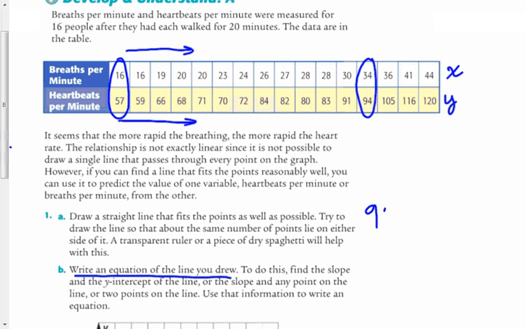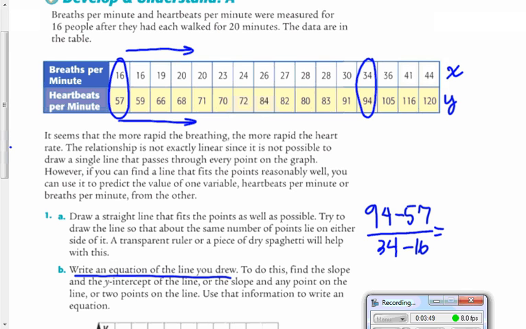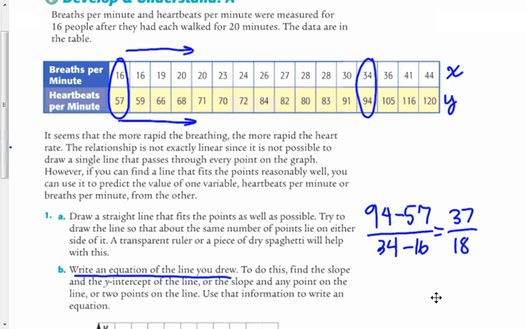So I'm going to do 94 minus 57 for my y values, and 34 minus 16 for my x values. So I get 37 divided by 18, and that is about, I'm going to round that a little bit, about 2.1. So that's what I'm going to use for my slope.